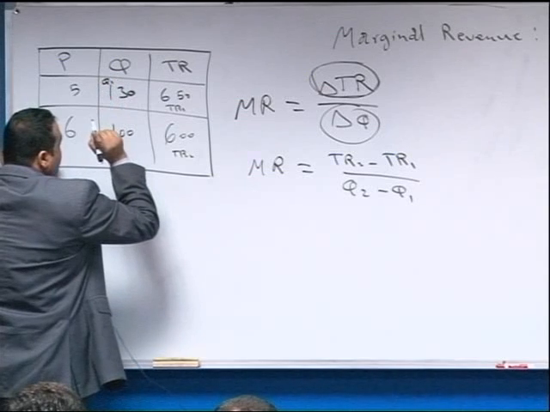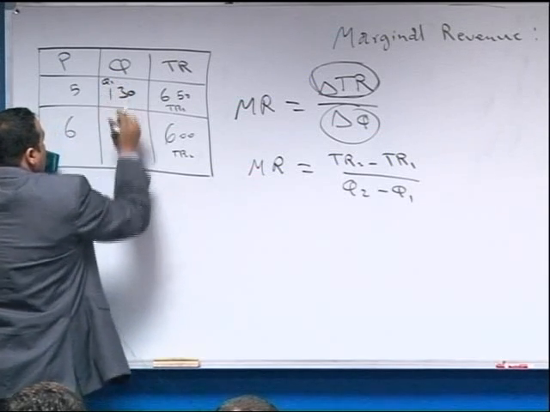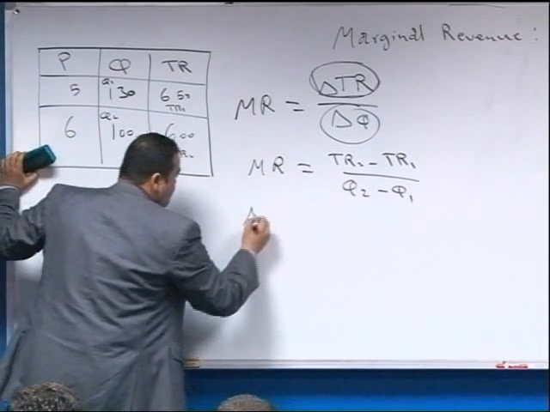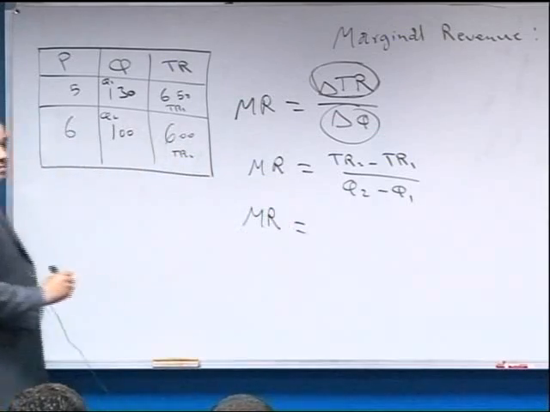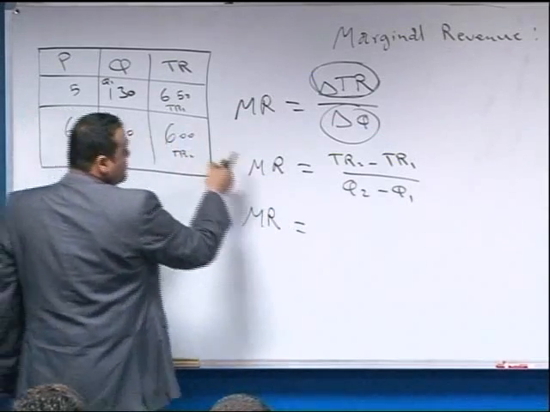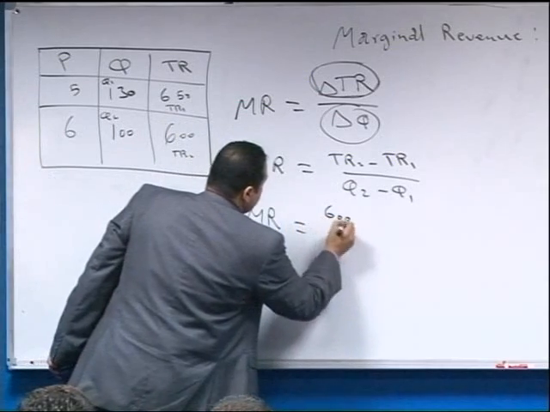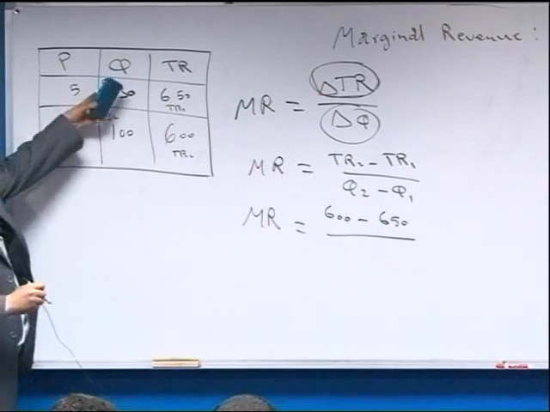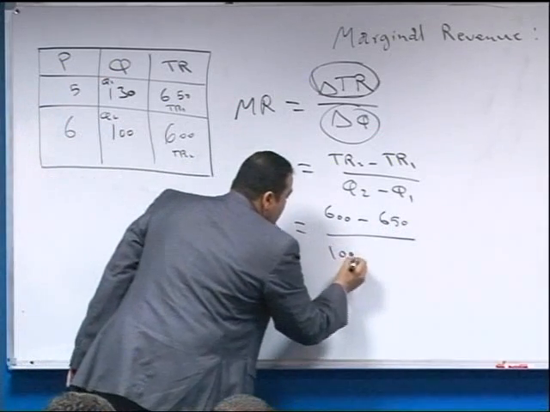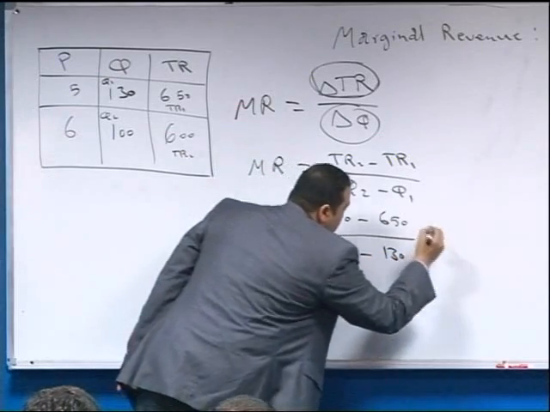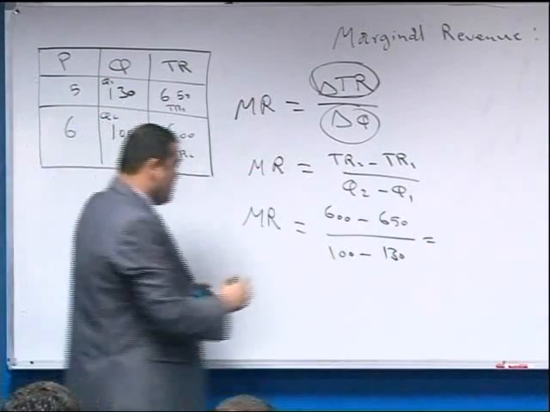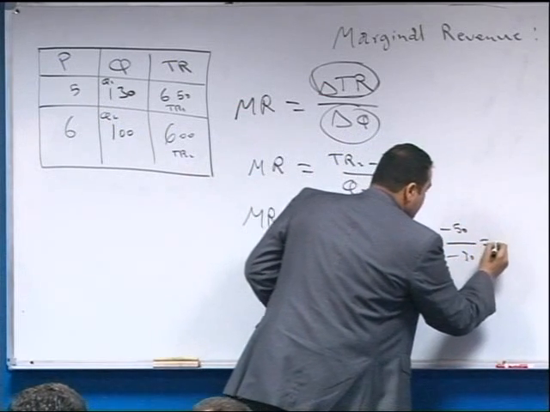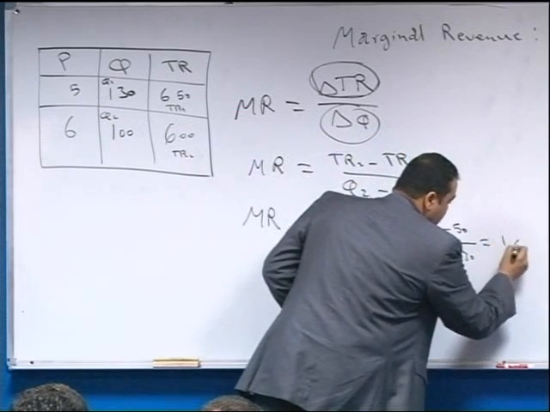No, we are not talking about the prices, we are talking about the quantity demanded. Q1, Q2. So the marginal revenue equals 600 minus 650 over Q2 minus Q1, 100 minus 130, equals how much? Minus 50 over minus 30 equals 1.6.